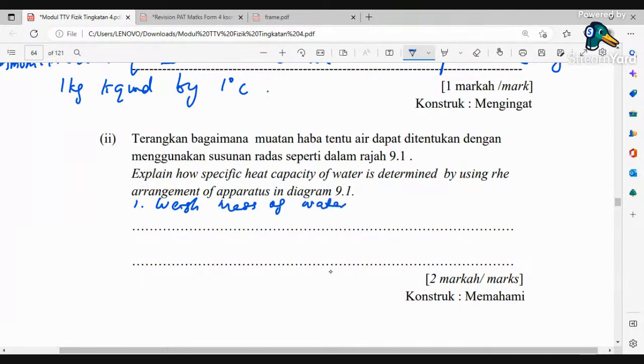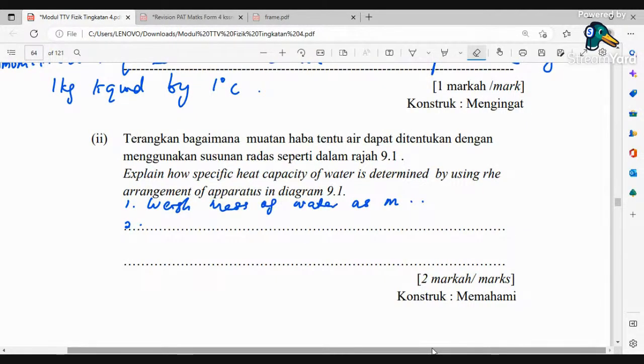Weigh, measure, SM, okay. And initial temperature.